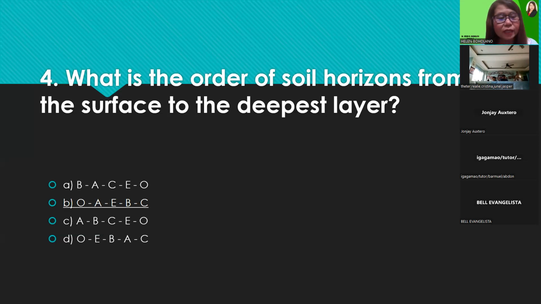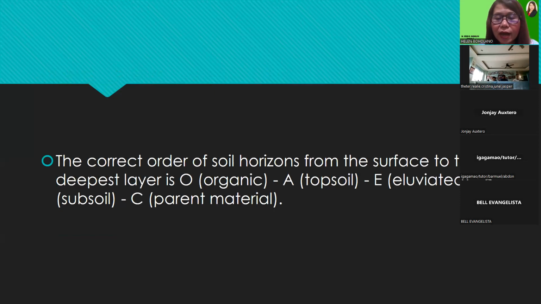The correct order is the organic, topsoil, eluviated, subsoil, and parent material.